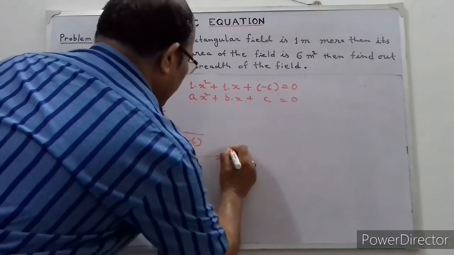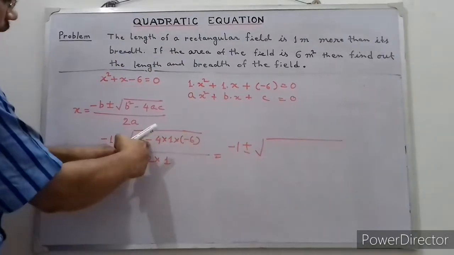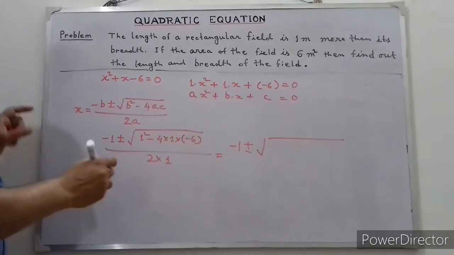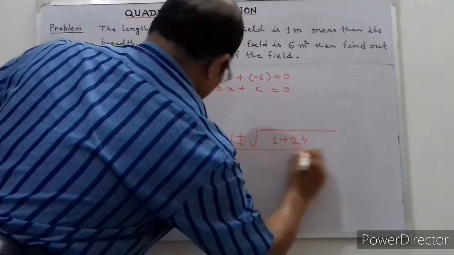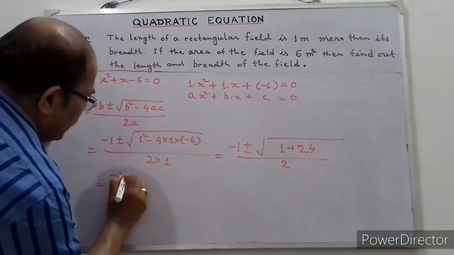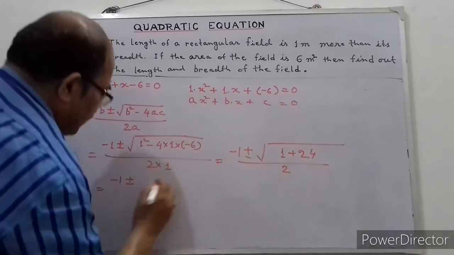So this equals minus 1 plus minus root of 1, minus 4 into minus 6 means plus 24. So 1 plus 24, divided by 2. Minus 1 plus minus, this is 25 and root of 25 is 5.